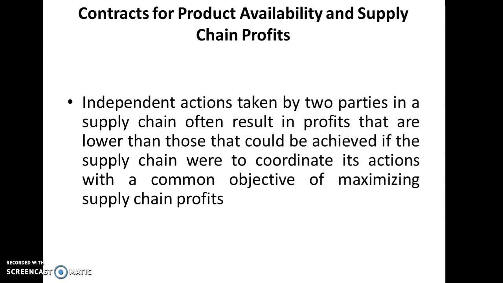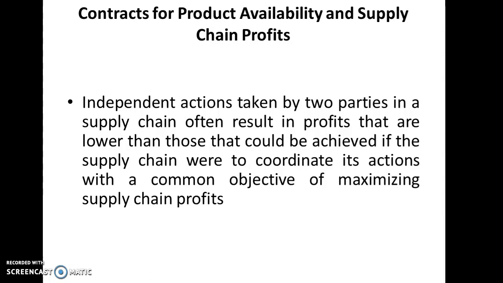There are two parties involved in this process, that is, one is manufacturer, another one is supplier. So both are involved in the supply chain system. Both are working towards getting more profits in their business or in their task, whatever it is.